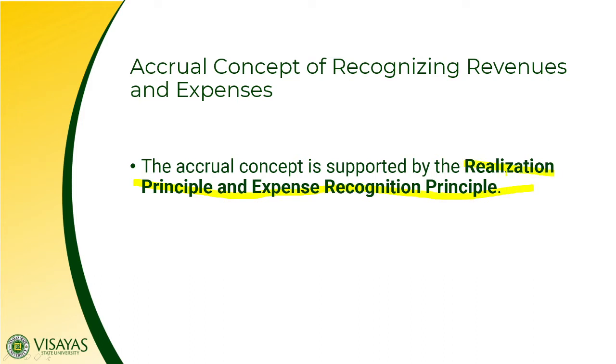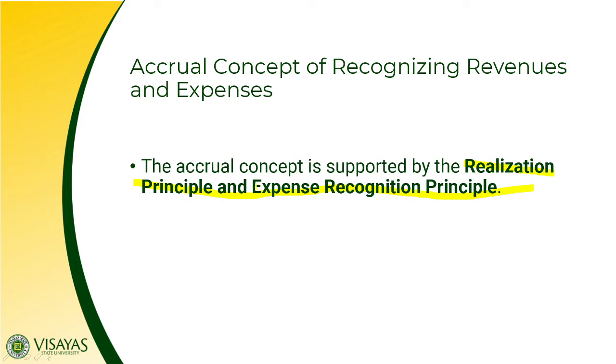Using the realization principle, revenue is recognized when it is earned, regardless of the collection. For example, for a service business, revenue is recognized when service is rendered, while for a merchandising or manufacturing business, it is earned when the merchandise or product is sold and delivered to the customer.